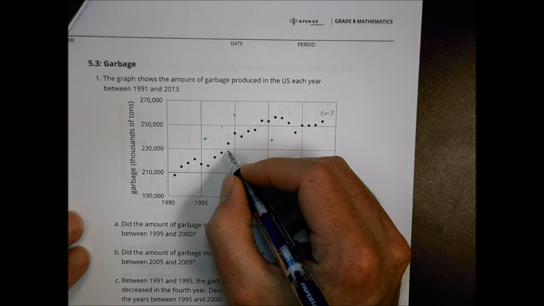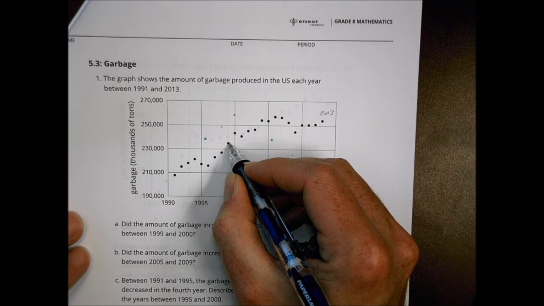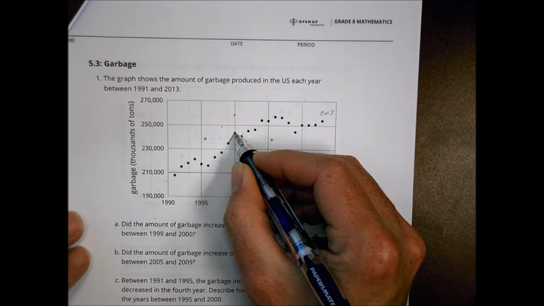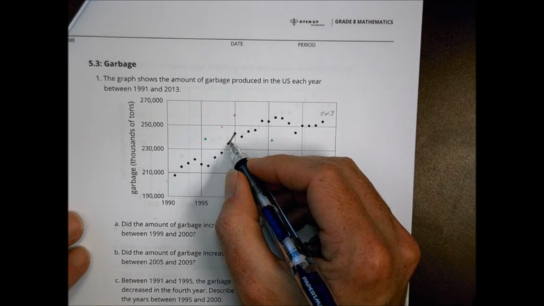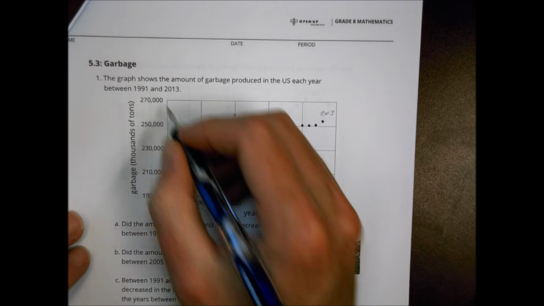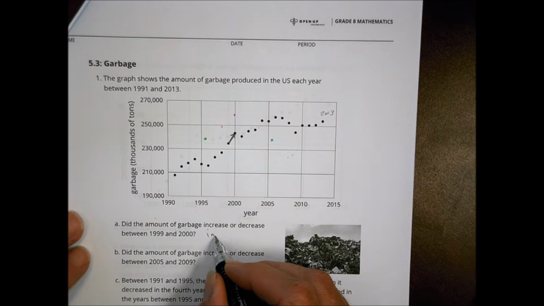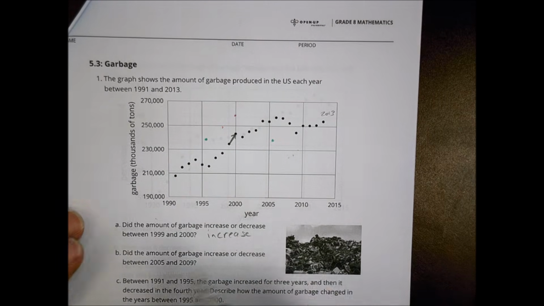So we need to come up here and find 1999. Here's 95, 96, 97, 98, 99, and here's 2000. So between these 2 points here, am I increasing or decreasing? Because I'm moving from here to here, moving up in terms of my amount of garbage, we would call this an increase to the amount of garbage in between those 2 years.